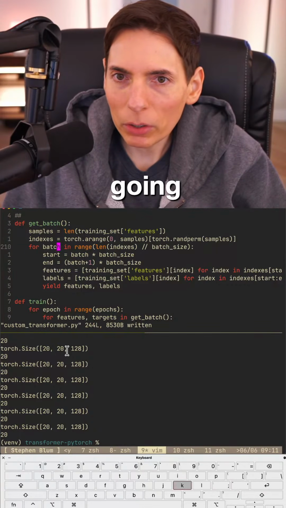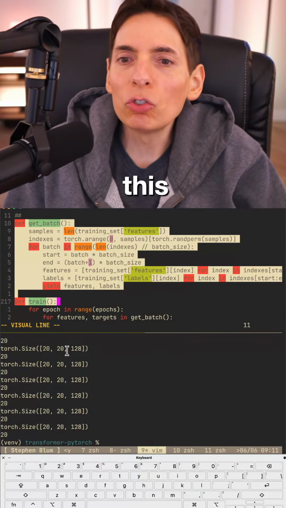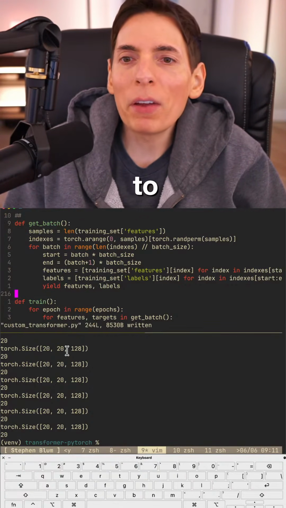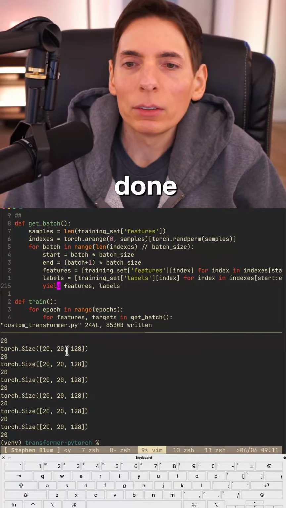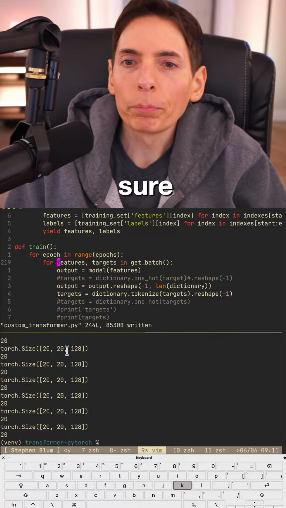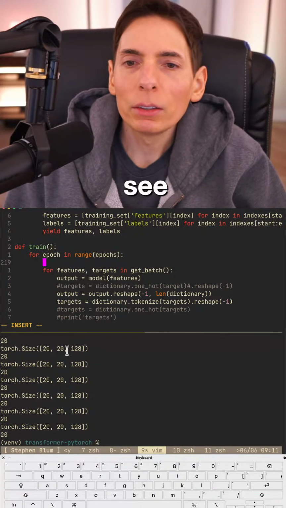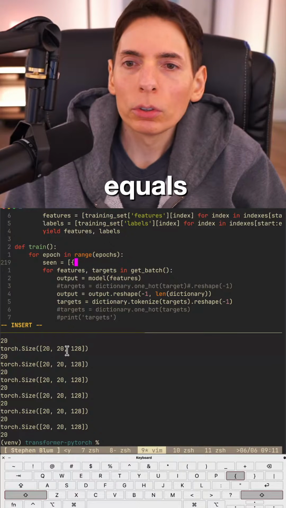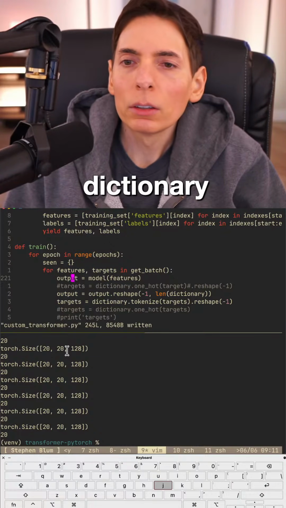Okay, let's keep on going. All right, so I believe this is done, although I want to verify that it's done. So let's do scene equals a dictionary.